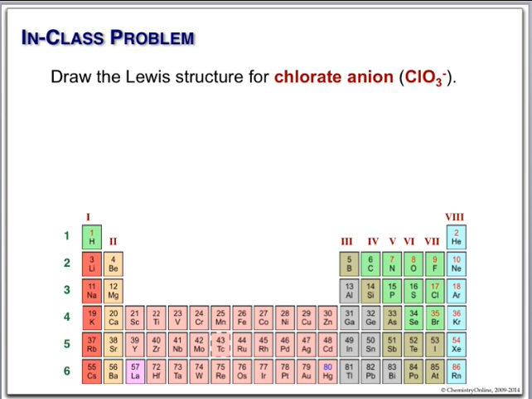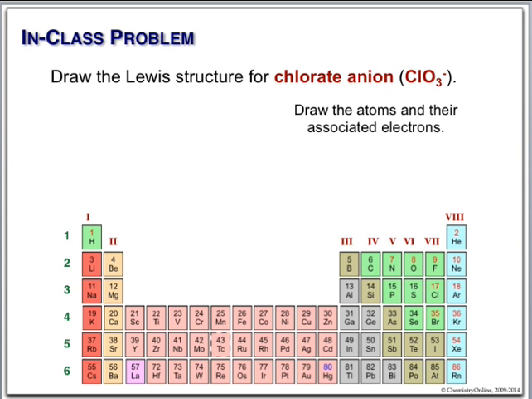Now, when we do Lewis structures, remember, we need to find the atoms. We need to figure out how many valence electrons they have. And then we need to try to arrange them so that everybody has 8. Okay? That's the simple procedure here.